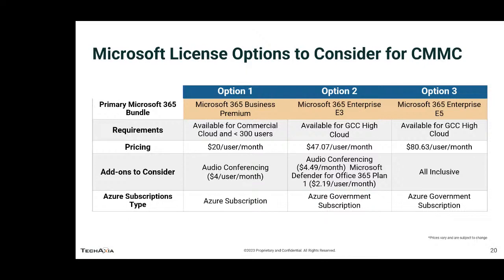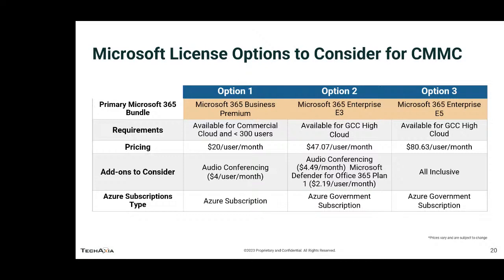But this is just to give you an idea of what the cost of each of these licenses is over time. And real quick, you can use the Business Premium license if you're on the Microsoft Commercial Cloud. If you're on GCC High, you can use the E3 or the E5 license as well.